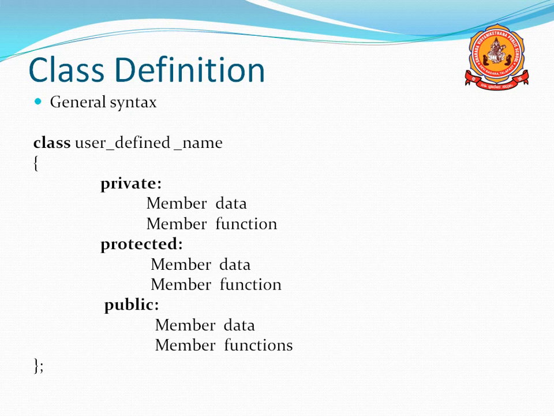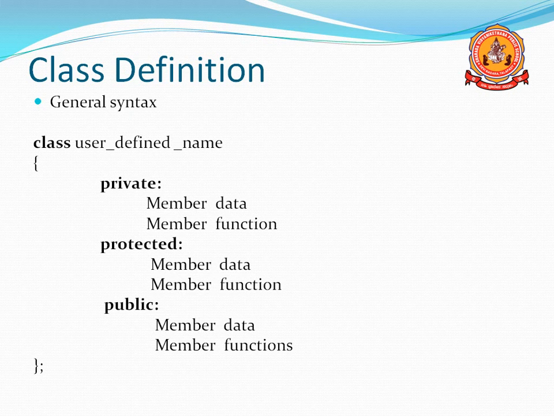In the body of the class, we can write private, protected or public. All three are possible, or any two, or any one. This private, protected, public is known as access specifiers. They provide security to the data. Inside private we can declare data members and member functions.